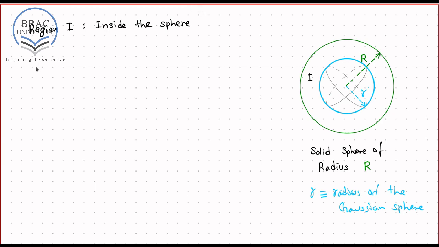So our formula is the surface integral of E dot dA equals Q enclosed over epsilon naught. First, what is Q enclosed here? Remember, this is a solid sphere and we are considering uniform charge density rho.